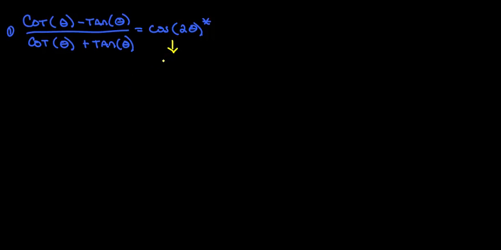One of my formulas that I can use for my double angle is this: I can say cosine of 2 times an angle is equal to the cosine squared of that angle minus the sine squared of that angle.